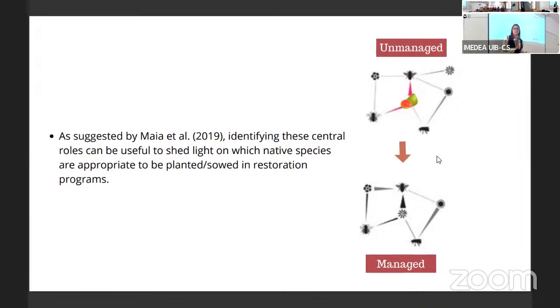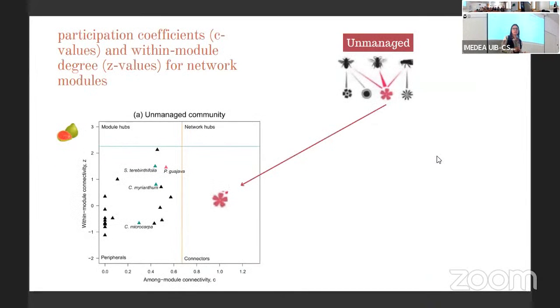Another way to see important roles in ecological networks is through the participation coefficient and within-module degree, that is called CZ values for network modules.